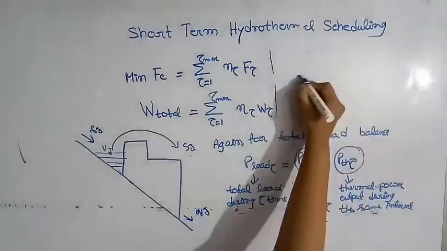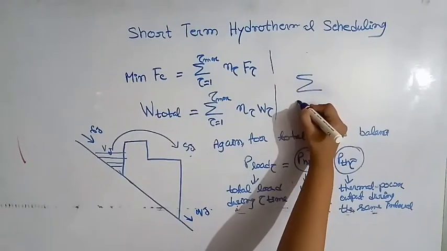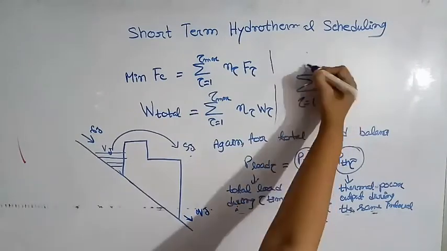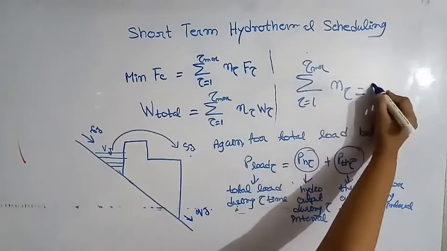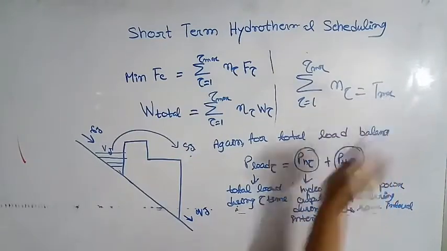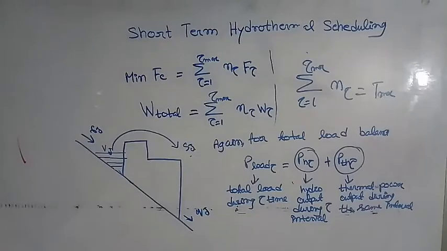Now summation of tau from 1 to tau max, N tau is equal to T max. It is further assumed that load remains constant during the assumed period of scheduling.